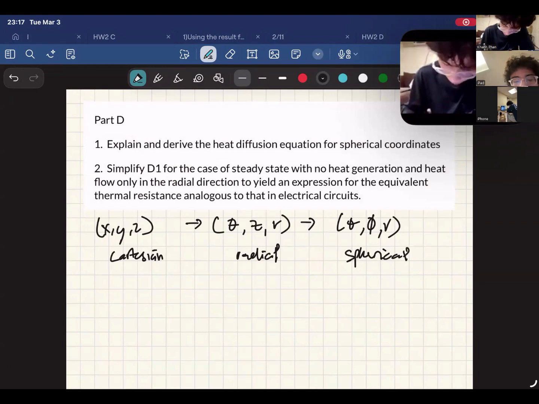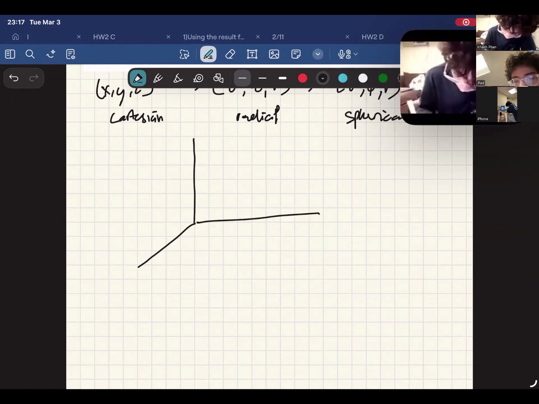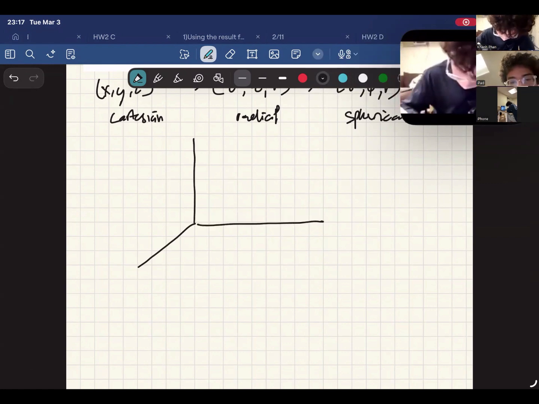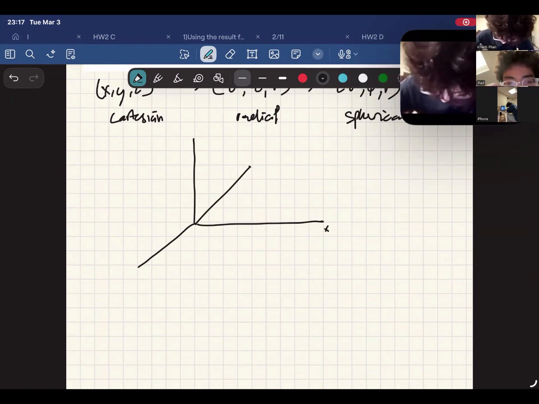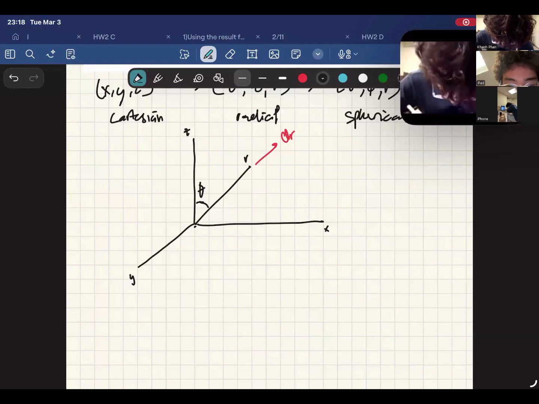And let's draw it out, okay? So first, we're going to draw the regular XYZ coordinate. And then we have the R, and the extension of it would be dr. And then we have the angle theta here, and an angle over here, and that's angle phi.